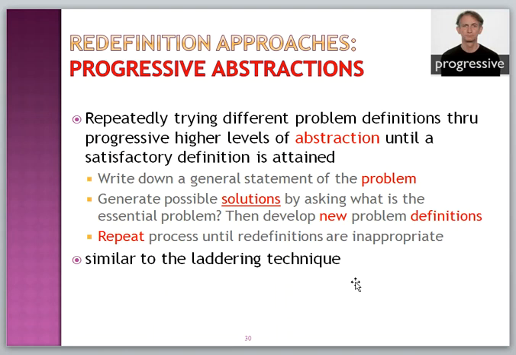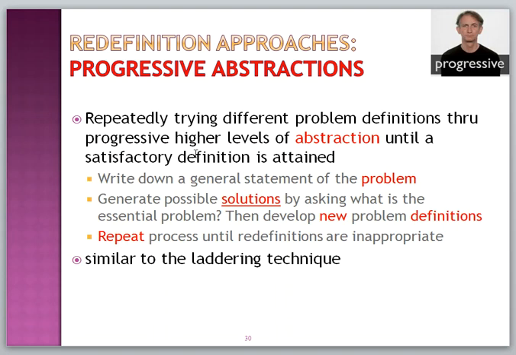So we define the problem and ask what might be the solution? The solution is A. So we redefine the problem again by saying how can we find A? By writing this down, we think again, how can we find A? By finding B. So we redefine the problem again by finding B, and so on. It's called progressive, and we move from one definition to more abstraction of the problem by its solutions.